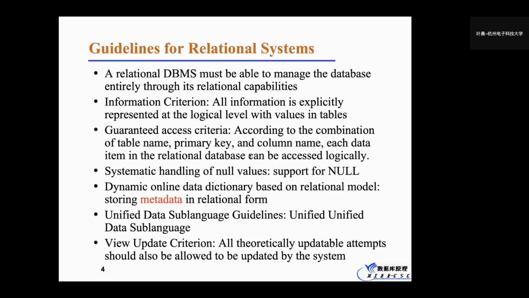And the guaranteed access rule: access is according to the combination of table name, primary key, and column name, and each data item in the relational database can be accessed logically.